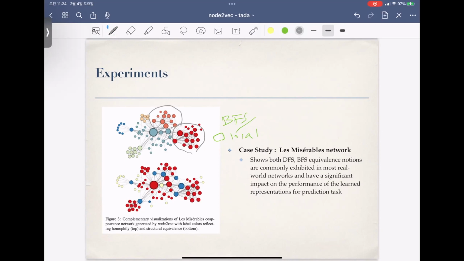However, P and Q values are controlled differently on the bottom part over here. So it's more focused on DFS, structural equivalence. If you look at the diagram, the colored nodes depend more on how it's structured based on the center nodes. Testing on this network, the authors mentioned that this Node2vec model can be applied to real life situations, which go through both BFS and DFS importances.